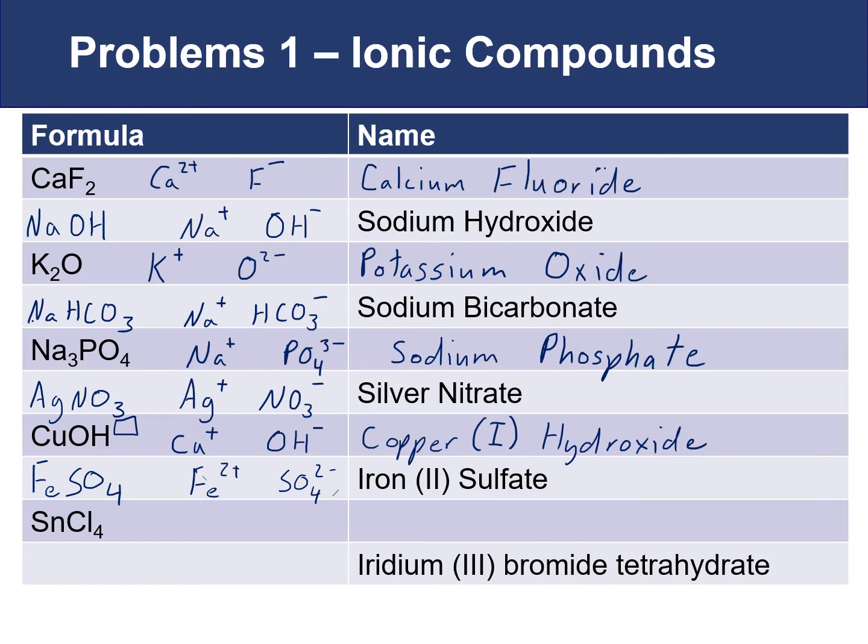The next one, Sn, is tin. This is a metal that can have multiple different charges, so we'll need to figure out what the charge on it currently is. Our chlorine, or our chloride, is going to have a -1 charge, and that's because it is a halide and all by itself. So we have 4 sets of minus charges. We need to balance that out with whatever charge is on the tin.